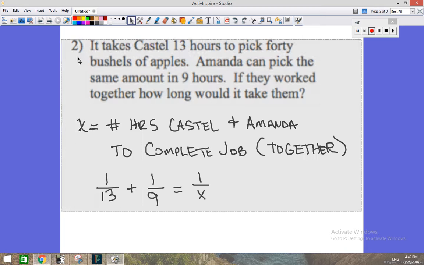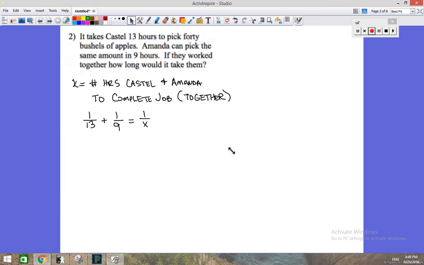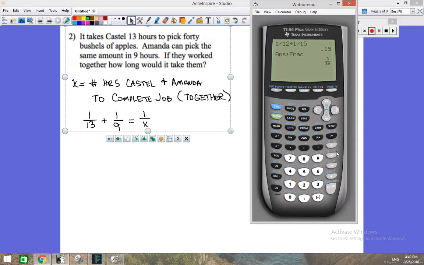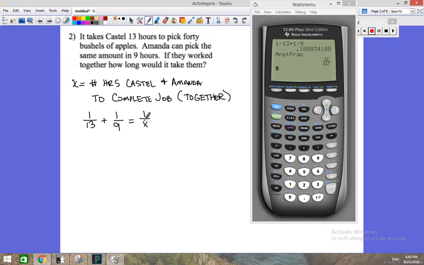So if we add these fractions together, 1/13 plus 1/9, I get this decimal number, but remember your scientific calculators can convert that to a fraction. So 22 over 117 is 1 over x.